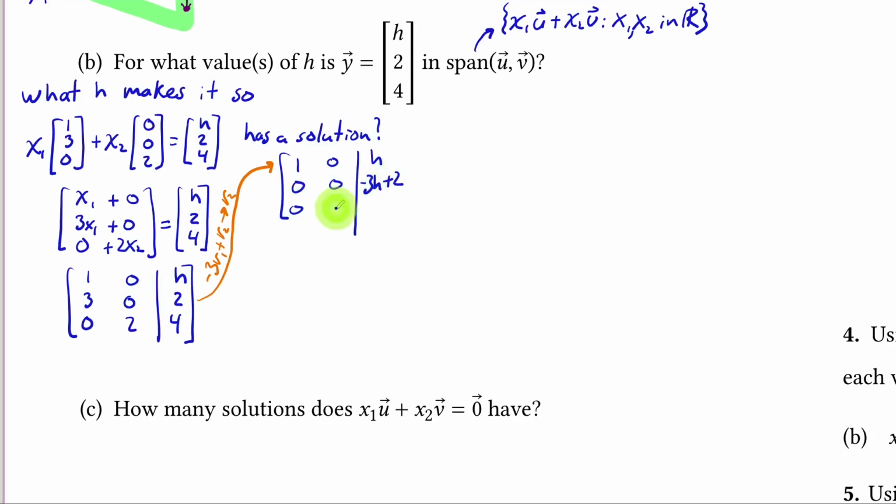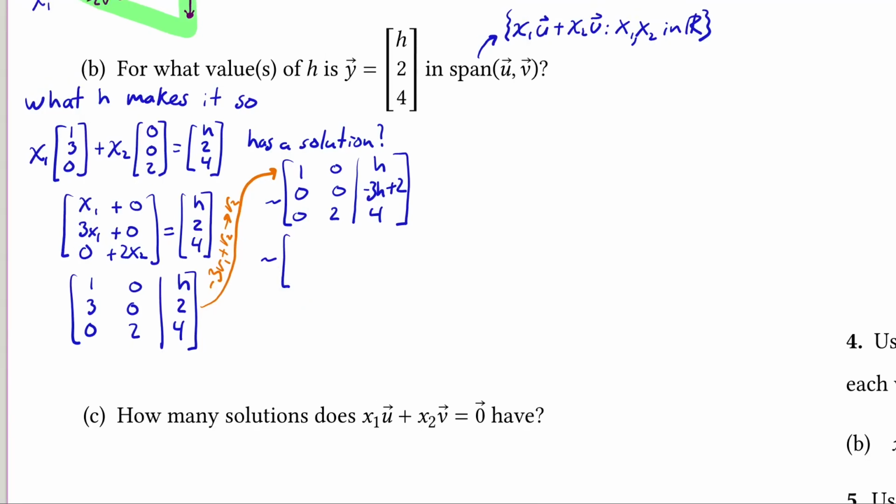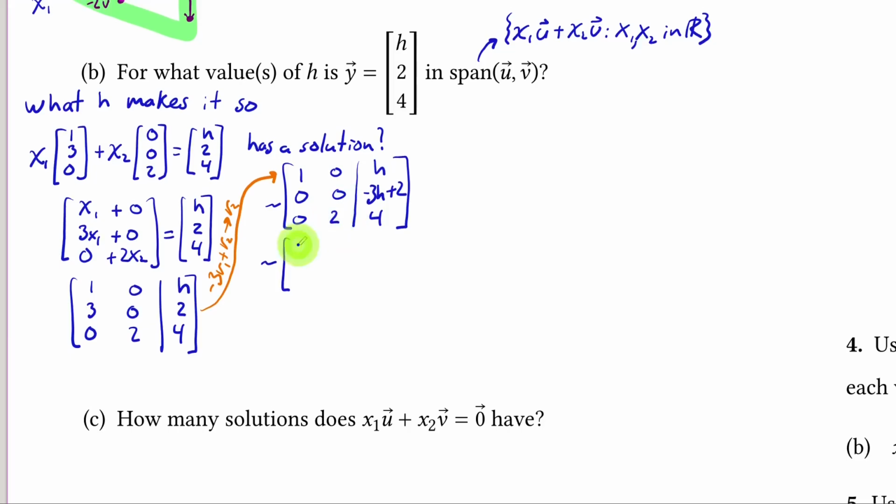And we're leaving row 3 alone. We can continue getting this to be in reduced echelon form by swapping these two rows here, because we want to have the x2 pivot position in row 2. And now we're in echelon form, and we can see where the pivot positions are.